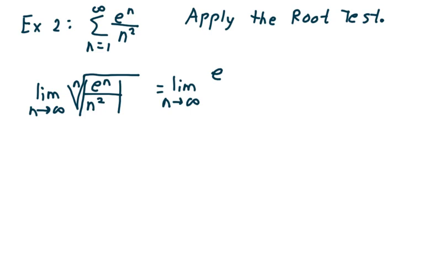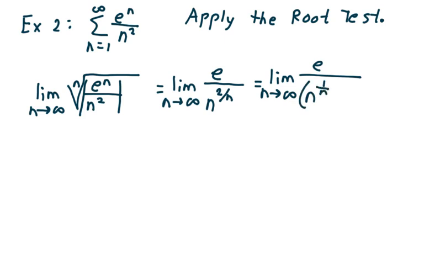And so this is going to be e over n to the 2 over n. So that's the limit as n goes to infinity of e divided by n to the 1 over n, but this whole thing is being squared. But that's e over 1 squared, which is bigger than 1.